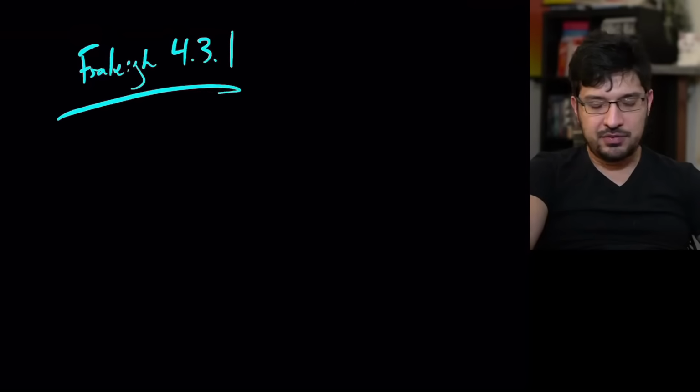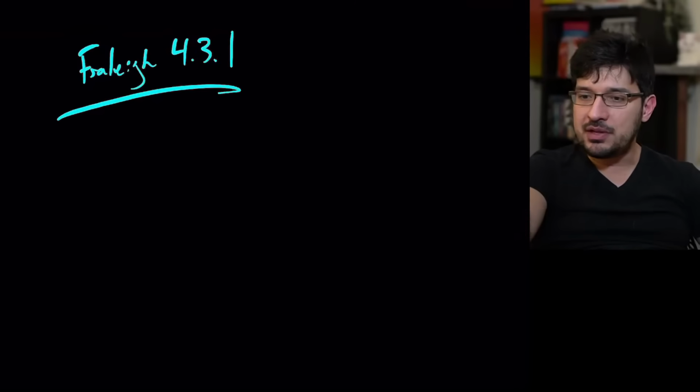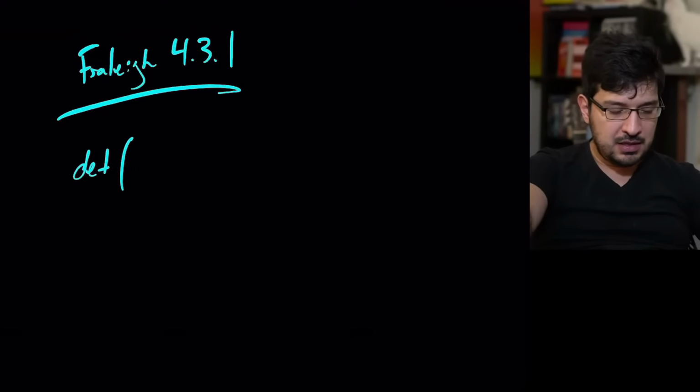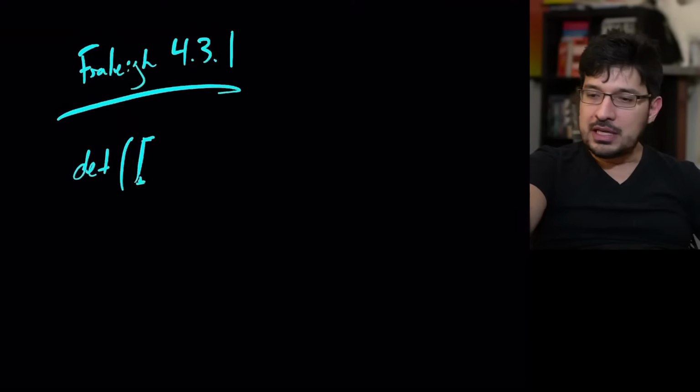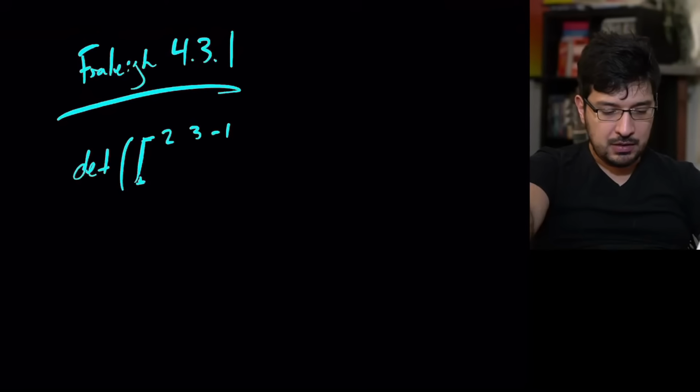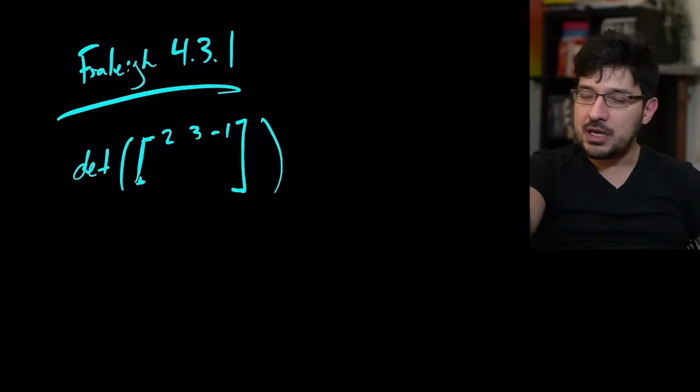4.3.1. So now section 3. I don't know what the difference is on this one, but it says find the determinant of this matrix. You can either write determinant with bars like I was earlier, or determinant with parentheses like this. Either way, whatever you want.